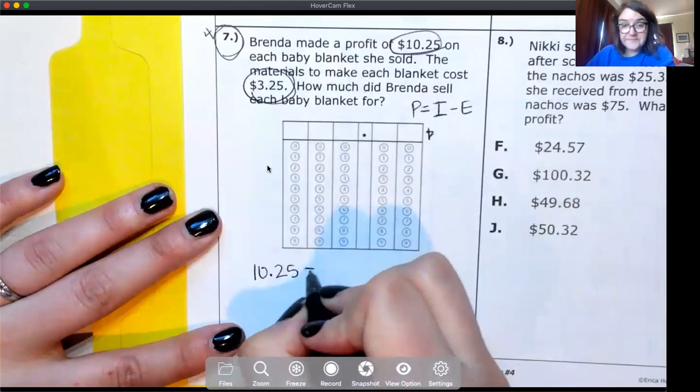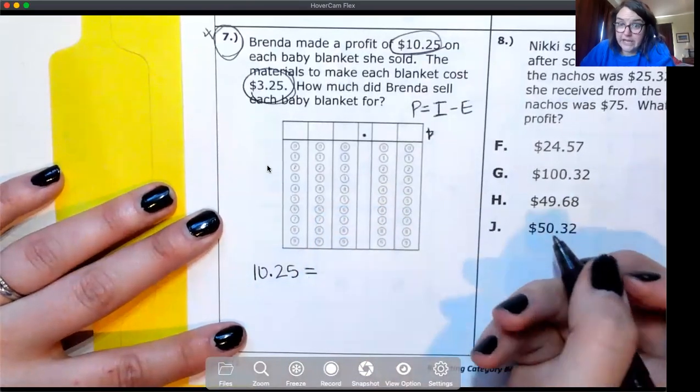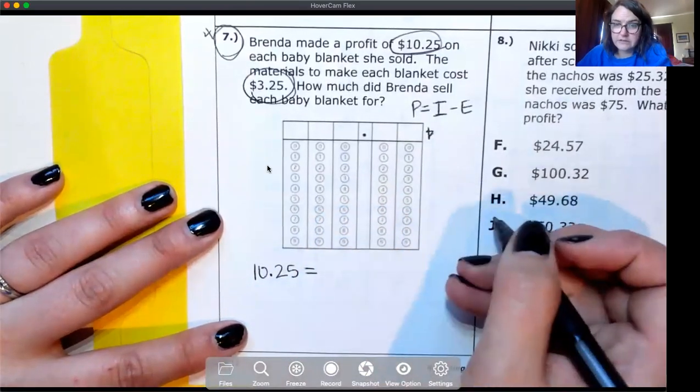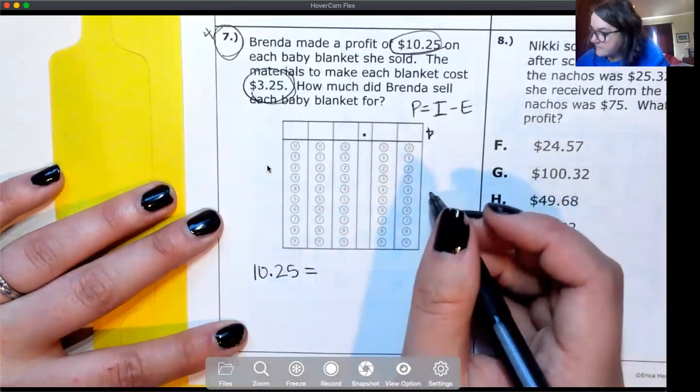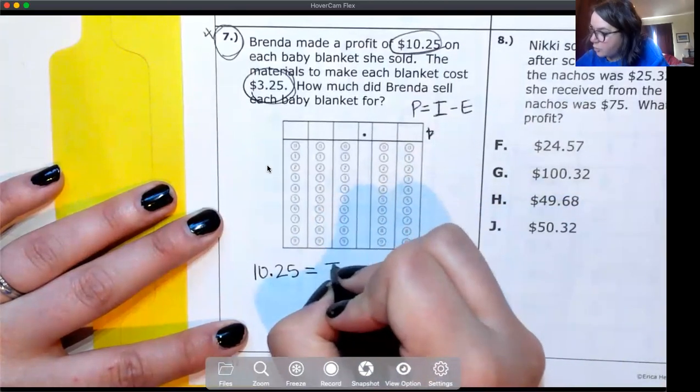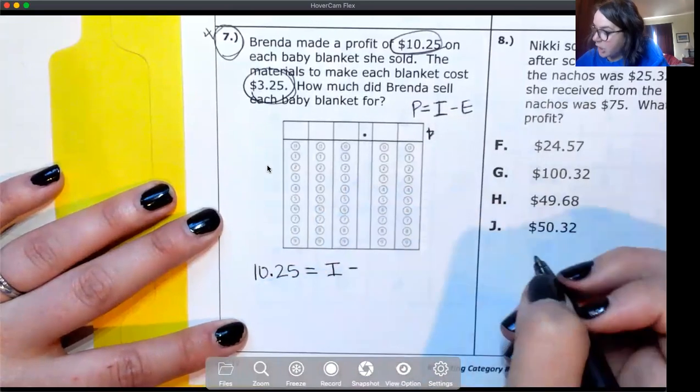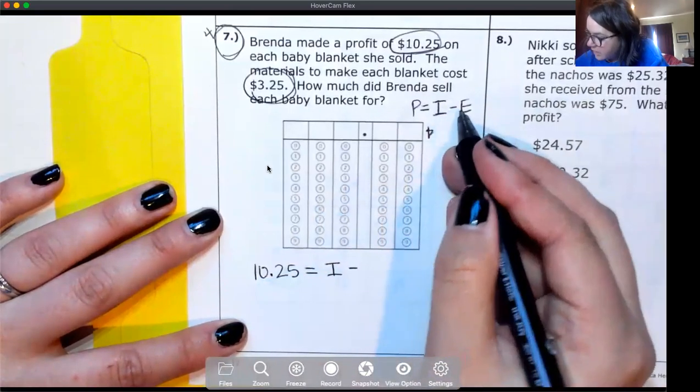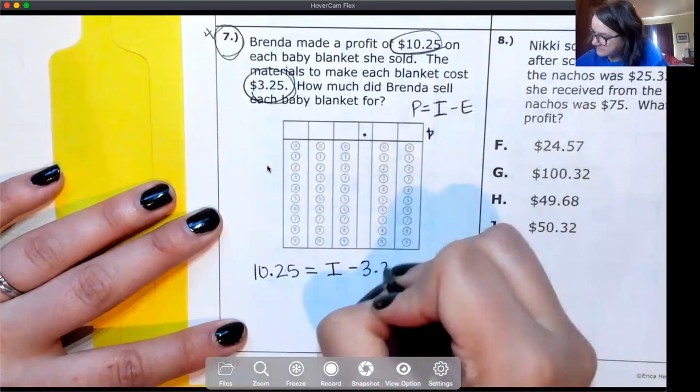My income, we don't know yet, because we know that our expenses are $3.25.